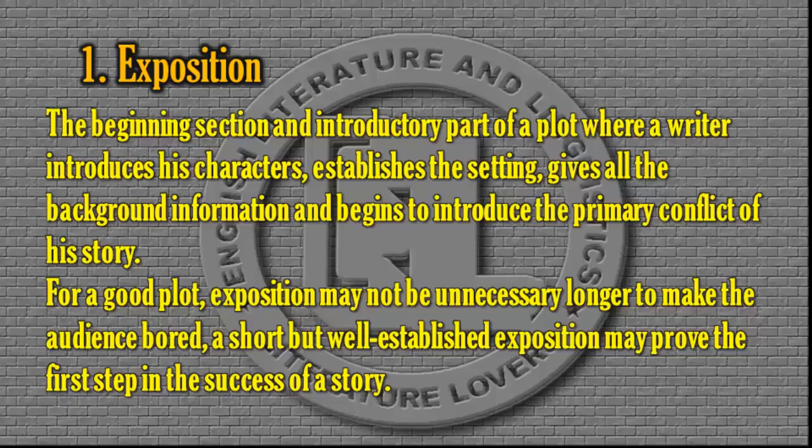For a good plot, exposition may not be unnecessarily long, to avoid making the audience bored. A short but well-established exposition may prove the first step in the success of a story.